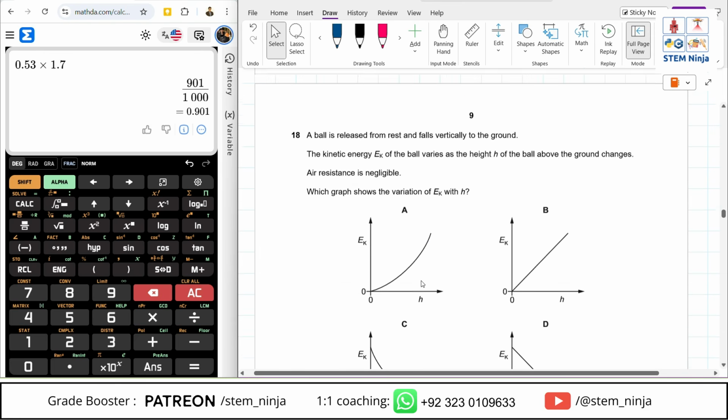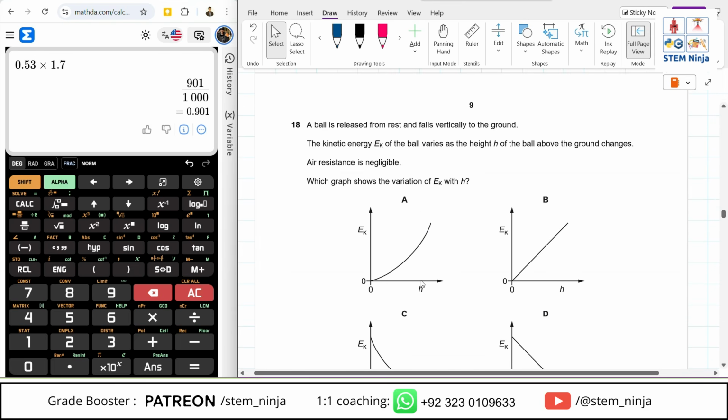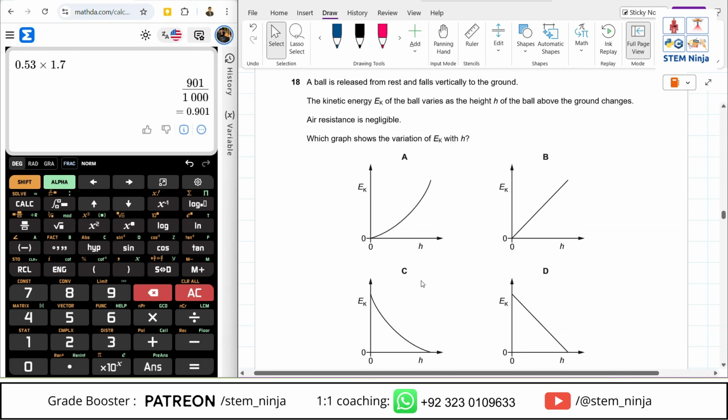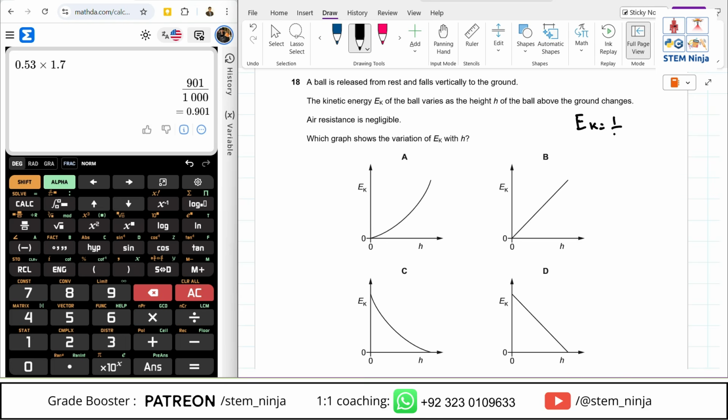Right? A ball is released from rest and falls vertically to the ground. The kinetic energy Ek of the ball varies as the height h of the ball above the ground changes. Air resistance is negligible. Which graph shows the variation of Ek with h? Okay, now Ek is half m v squared.